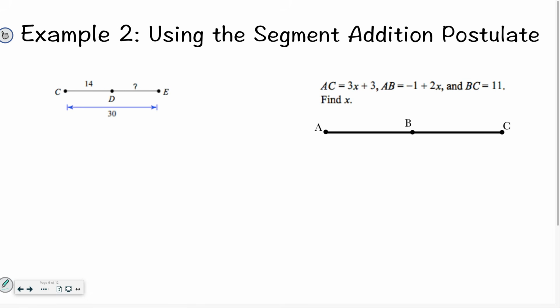So if I want to figure out what this question mark is, what DE is, well, I know the whole thing equals 30. So I have to find out 14 plus what number gives me 30. That would be 16. So I'm going to say DE equals 16 units.